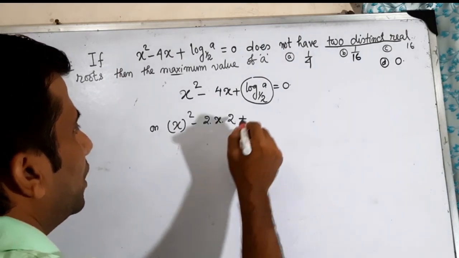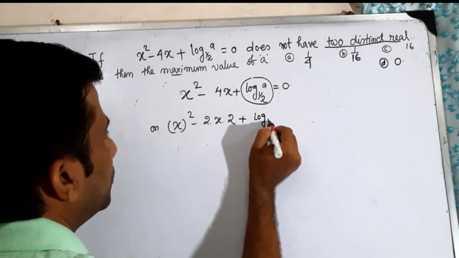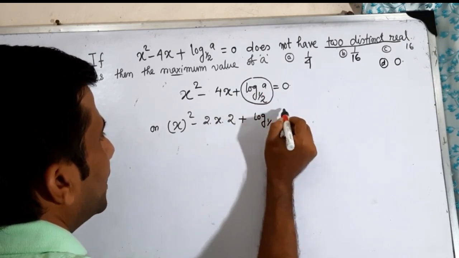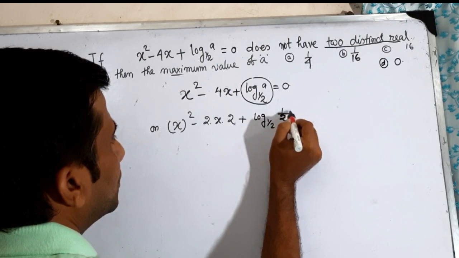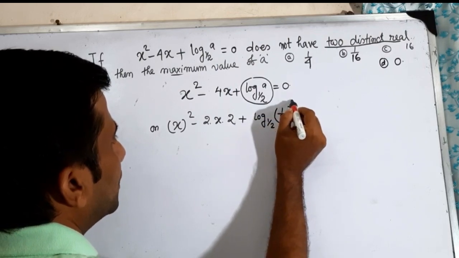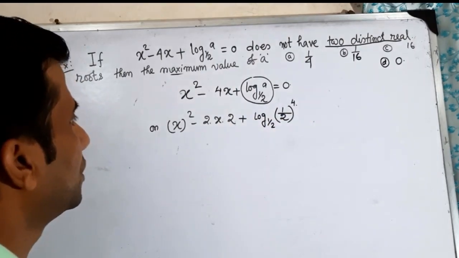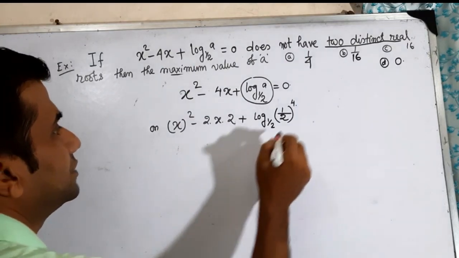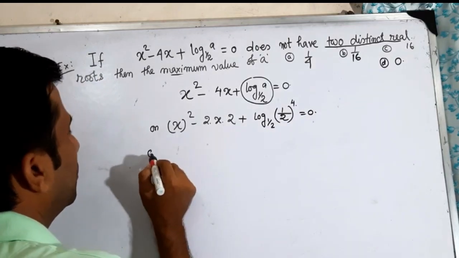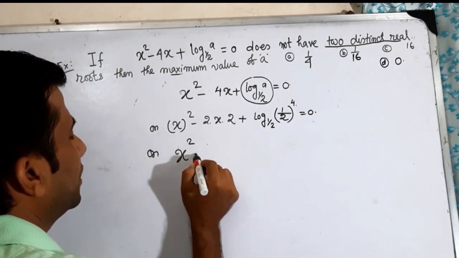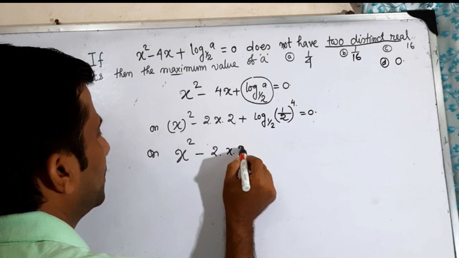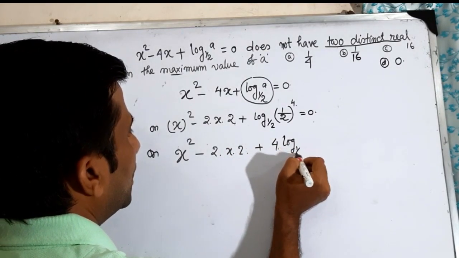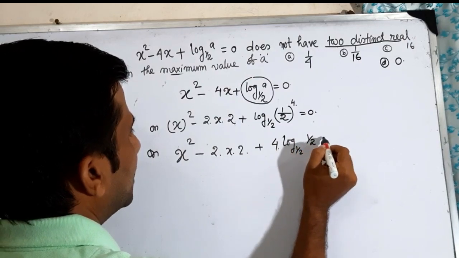Now what we have to do is that this is base half and half to the power 4, that means x square minus 2x into 2 plus 4 log half base half is equal to 0.